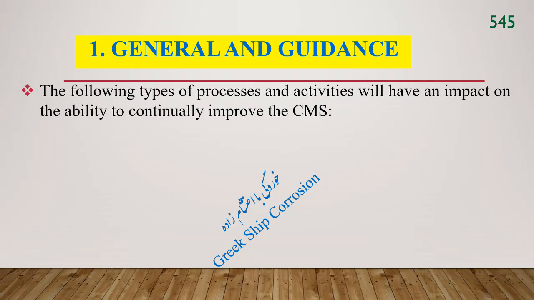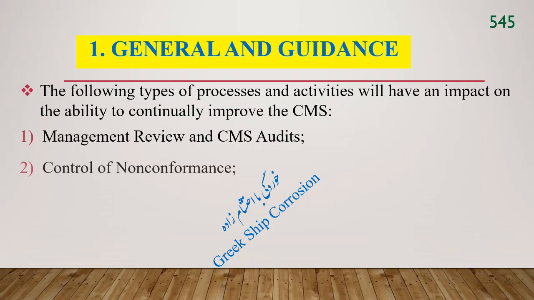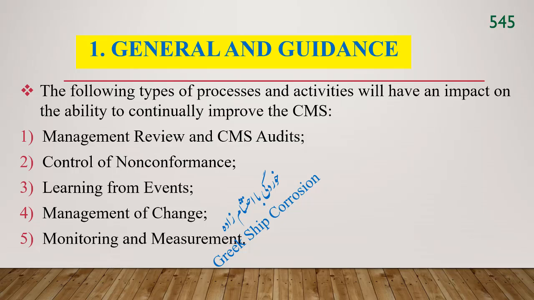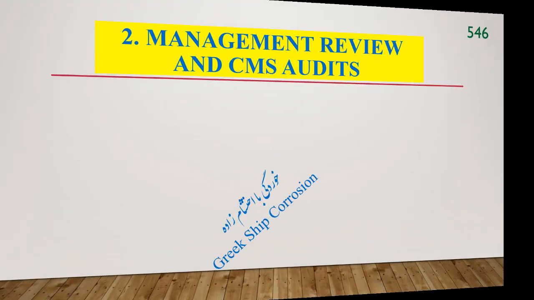The following types of processes and activities will have an impact on the ability to continually improve the CMS. 1. Management review and CMS audits. 2. Control of non-conformance. 3. Learning from events. 4. Management of change. 5. Monitoring and measurement.